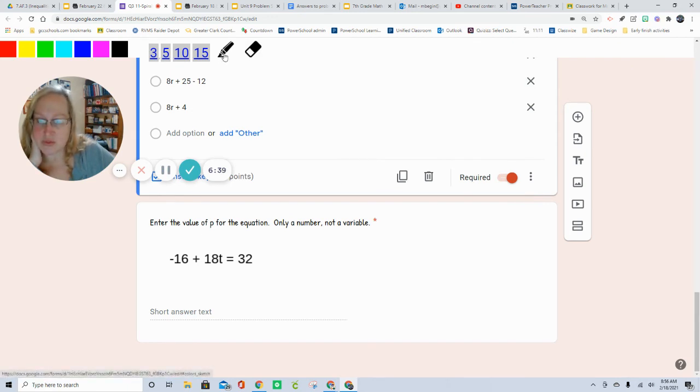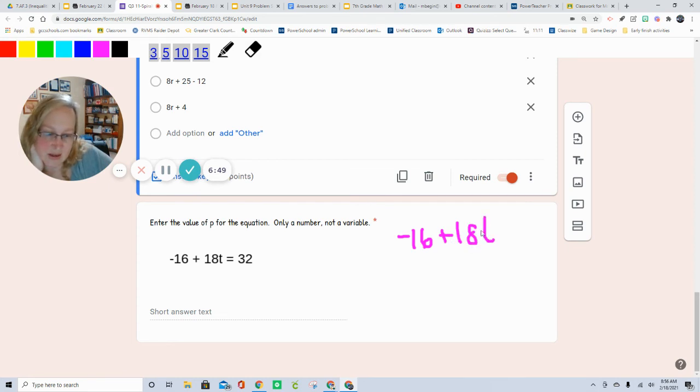We are going to solve, and we're solving the way that we have been solving for quite some time. Negative 16 plus 18t equals 32. So I'm going to move this by adding 16 to both sides. And I end up with 18t left over here equals 48.